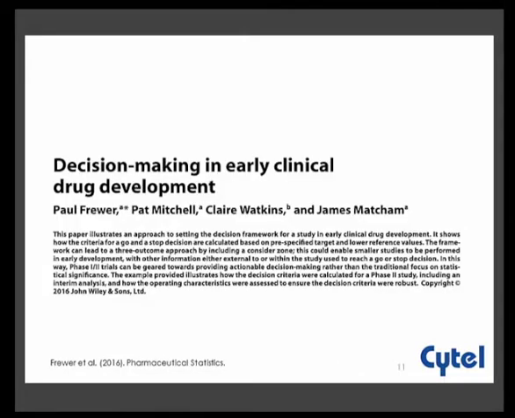And this is the approach that was subsequently adopted by Frewer et al. You see Pat Mitchell here in this recent paper by folks at AstraZeneca, where they took this Lalonde approach very seriously and implemented it throughout the organization.